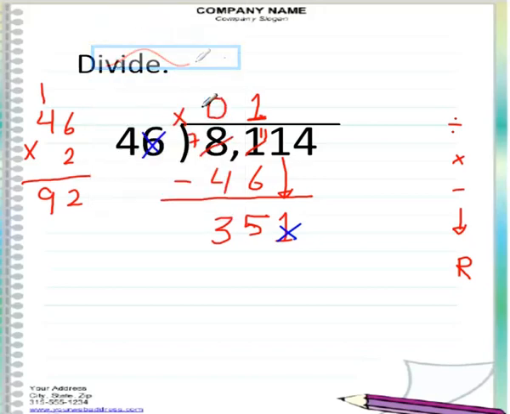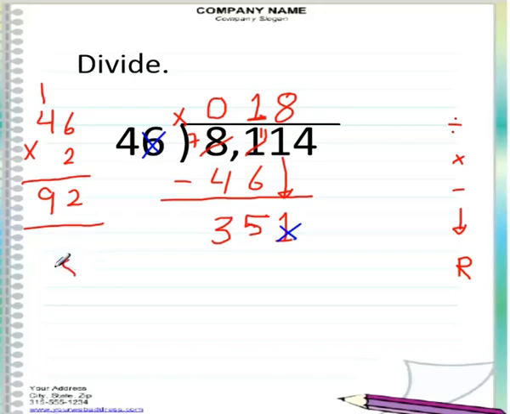Equals 8. So I will try to multiply 8 by 46. But I'm not sure the answer will be 351 or less. Maybe it's greater.